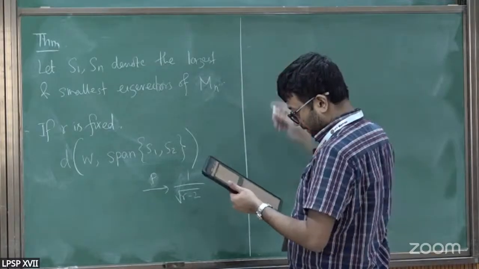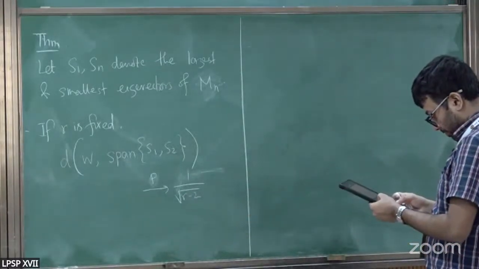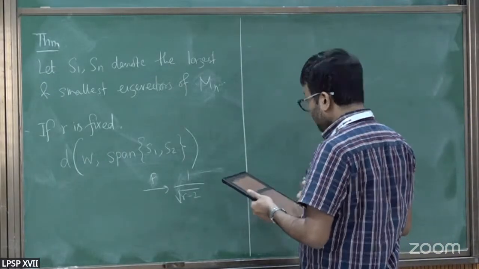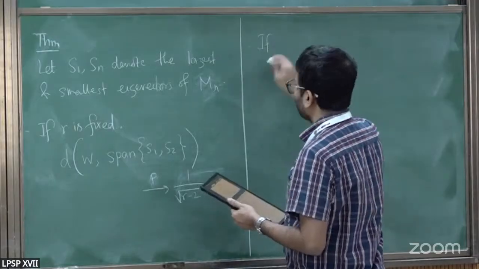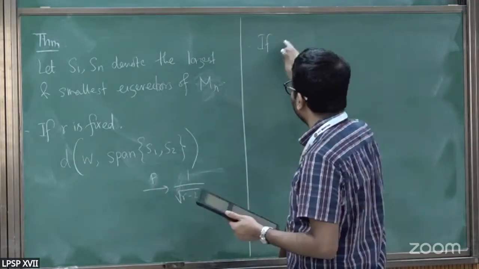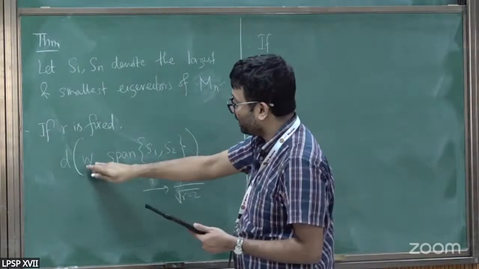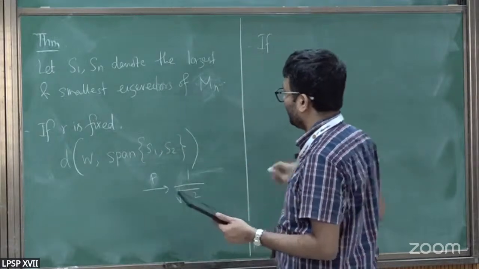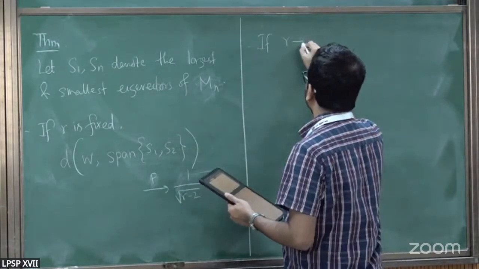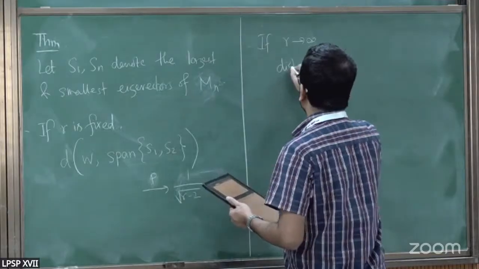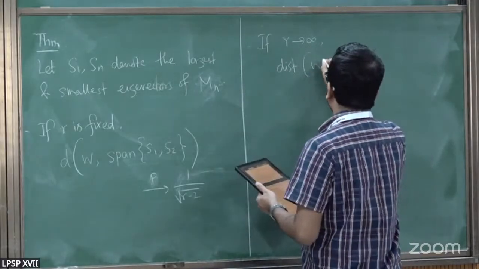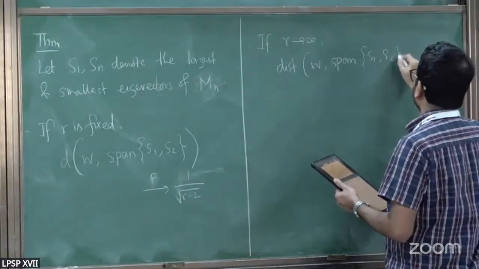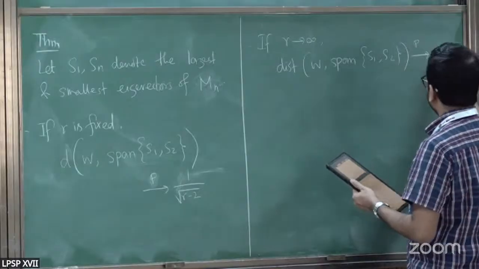And in fact, if r equals infinity, then you can also show that this distance goes to 0. So W will be perfectly aligned to the space spanned by S1 and Sn. So this goes to 0 in probability.